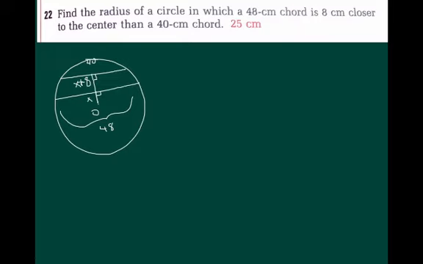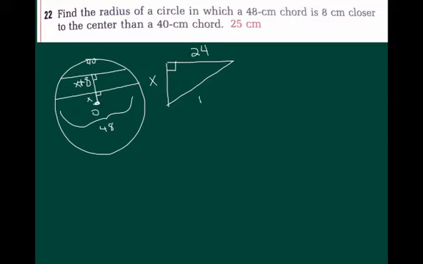Well, a common approach with these problems is to make a right triangle. So when I draw the line from the center at O to each one of the chords, I'm going to draw a line perpendicular so that it bisects it. Now we know that in the first triangle, the chord is x centimeters away, and the 48 centimeter chord, when I bisect it, will become 24 centimeters.